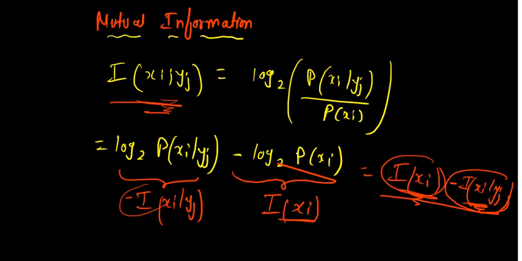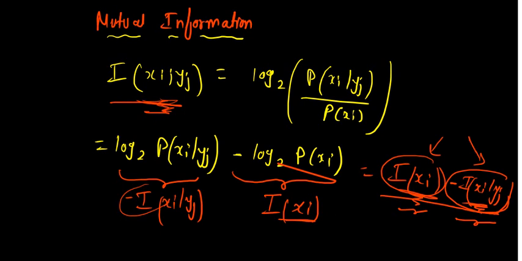I'm just connecting the things I already discussed, so please pay attention. Similarly, when the first term is greater than the second term, our mutual information will be positive and it is highly likely to snow. And when these two are equal, there will be no mutual information, right?